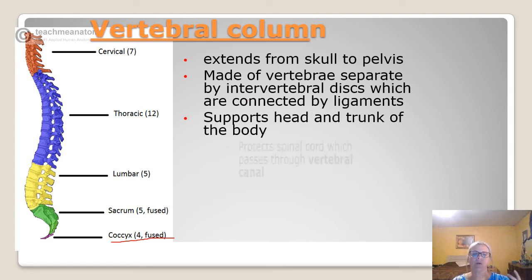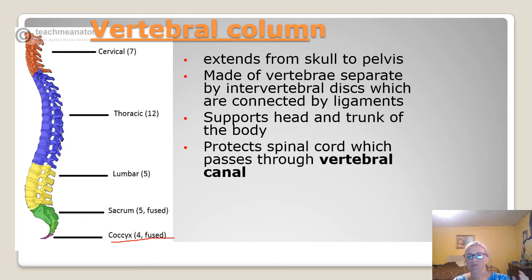And then we have the sacrum, which is 5 vertebrae that are fused together, and the coccyx, which is 4 little bitty ones that are fused together as well. So these are made of vertebrae which separate from the vertebral column. It is separated by those intervertebral discs, and those are connected by ligaments. It extends all the way from the skull to the pelvis.